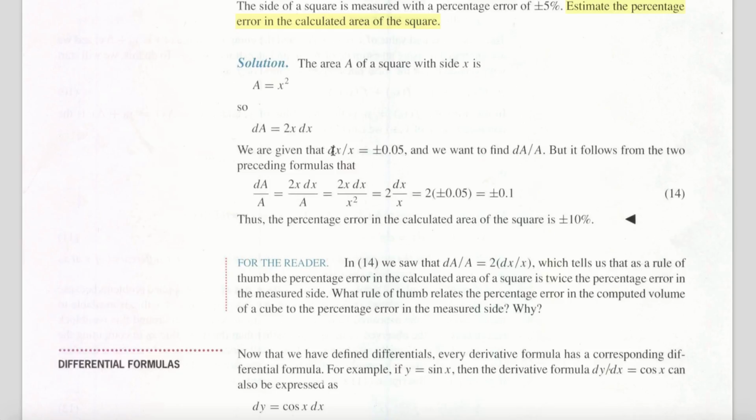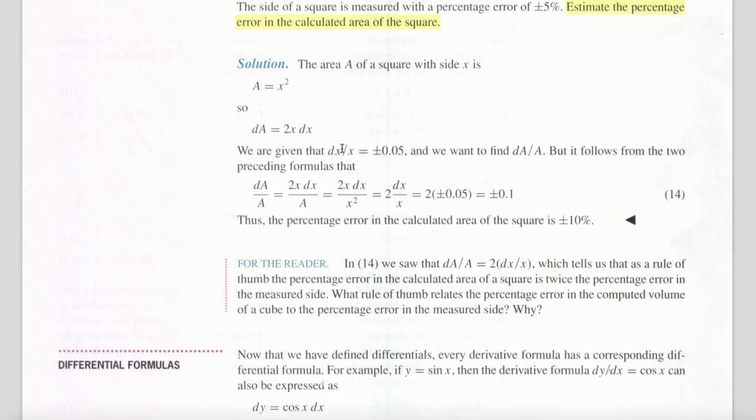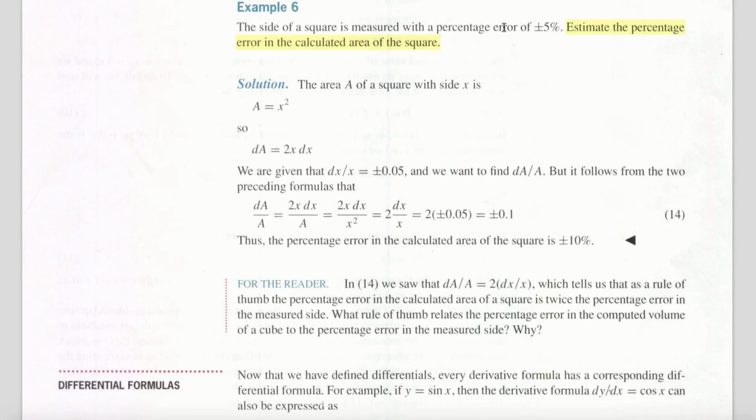I'm given that dx over x, how do I know that? This is a percent error. That dx over x is plus or minus 0.05. And I want to find differential A over A. But it follows from the two preceding formulas that dA over A is equal to 2x dx over A. This can be replaced with x squared, which gives me 2 dx over x.